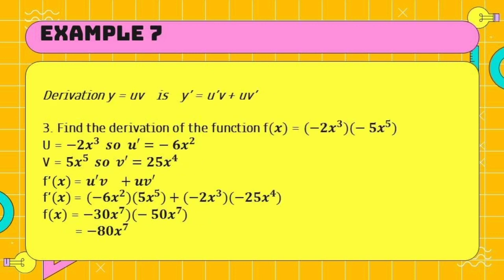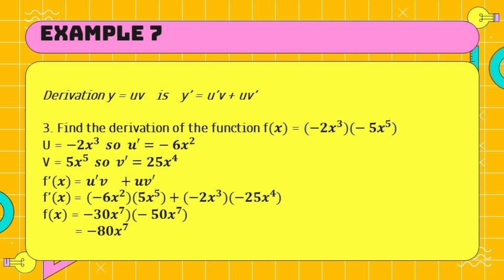And the last one, example 7. Derivation of y equals uv is y' equals u'v plus uv'. Find the derivation of the function f(x) equals -2x^3 multiplied by 5x^4.